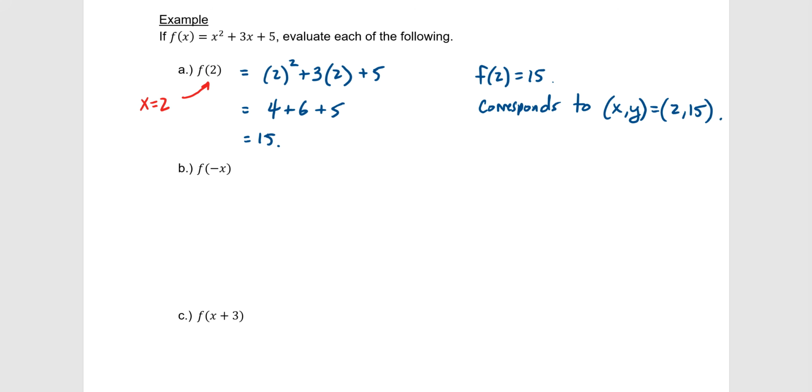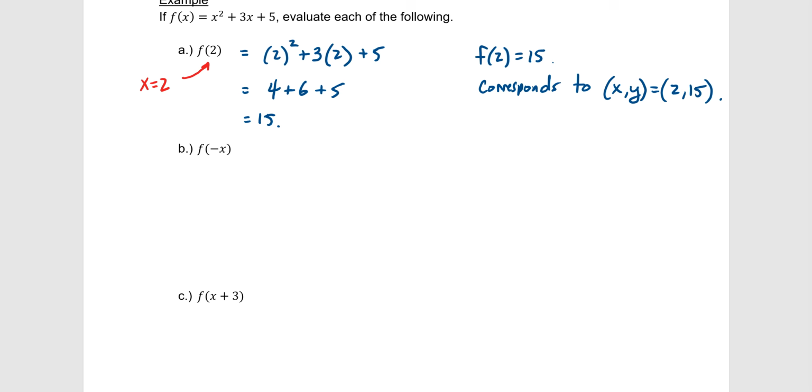So the next one, f of negative x. So instead of having f of x, now we're going to plug in a negative x everywhere we see an x, and make sure you use parentheses. So it's negative x squared plus 3 times negative x plus 5. And then we have to simplify this. Negative x squared is the same as positive x squared.